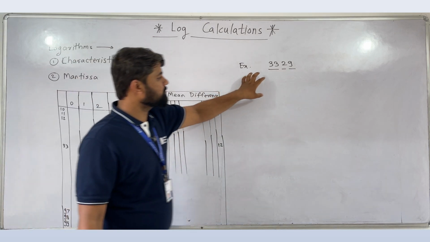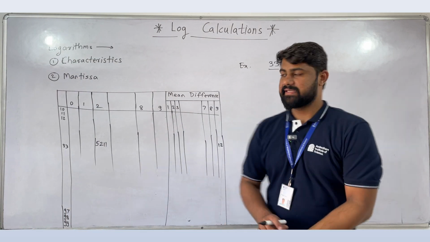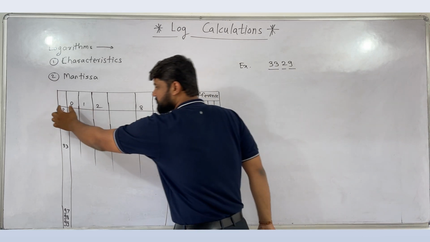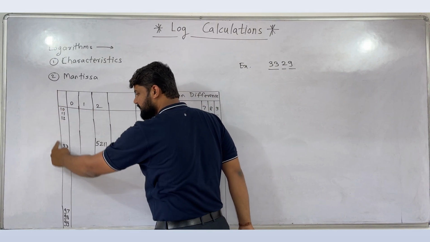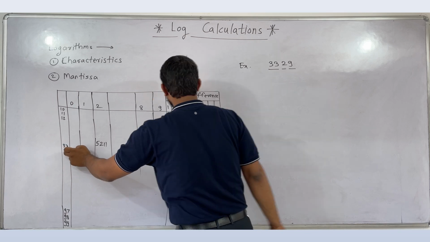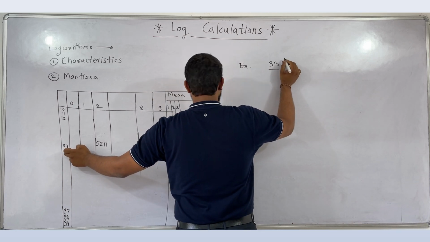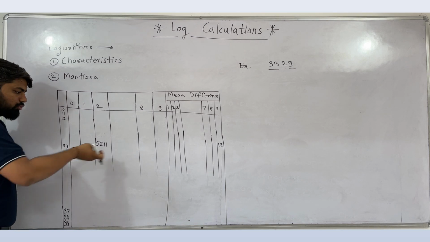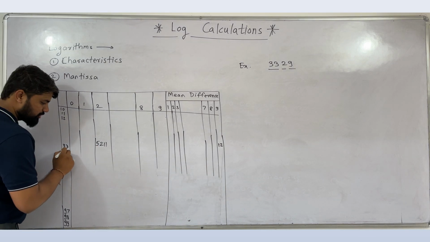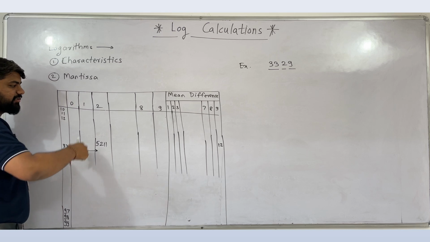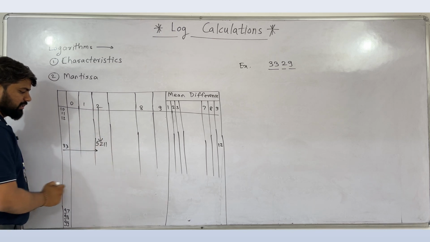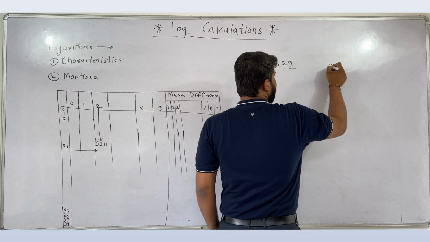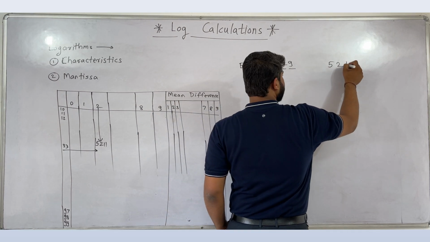Now, how to find the mantissa of this number? We have two digits, 33. So, first we will take this first column and find 33 in it. Once we find 33, see what is the next number? 2. So, we will now take the row which contains 33 and go horizontally till we find the column of 2. Now we find a number there. The number there is 5211.